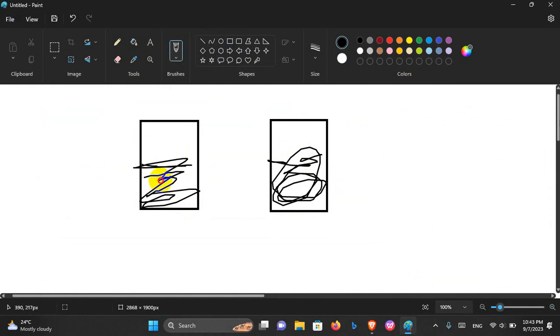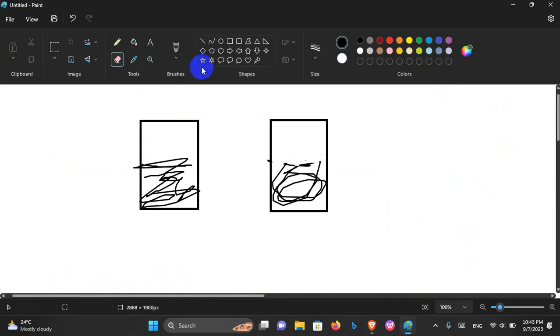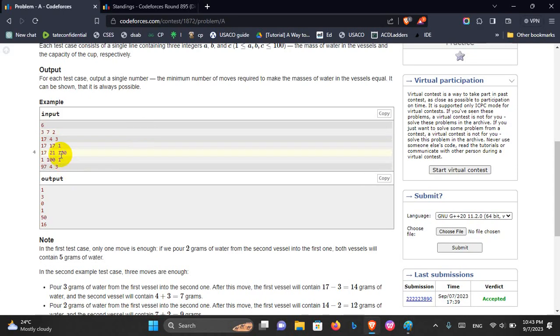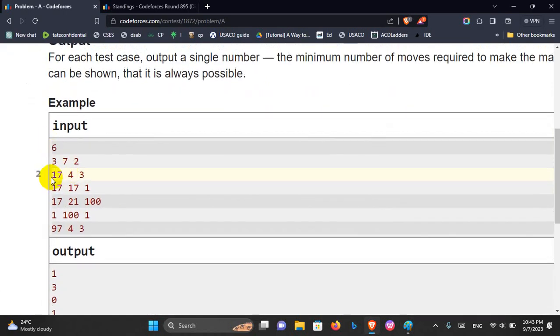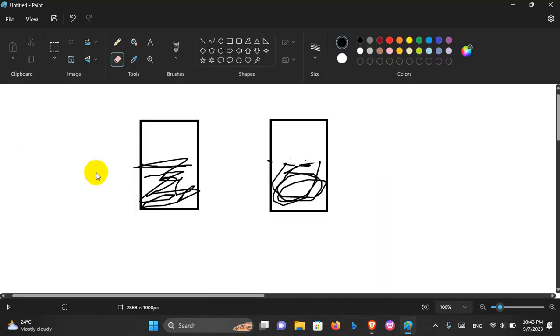For example, we can add this here and take some of this. But every time we can use a cup, and the cup has the maximum capacity of C, which is given to us. So what we can do here is first find the difference between A and B. To do this we can just subtract the minimum from the maximum, and then divide it by 2, because to make them equal we need to take the average of them.